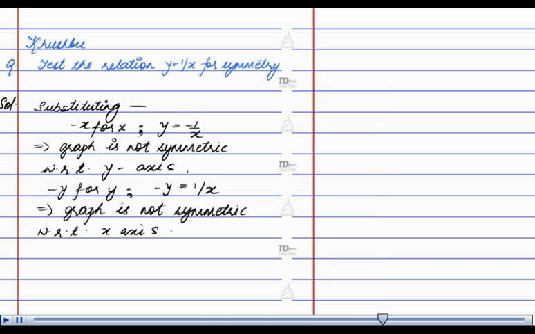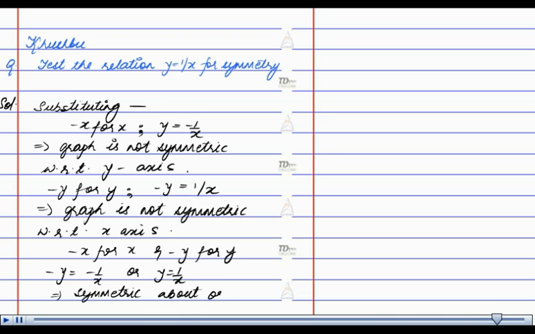Substituting -x for x and -y for y, we get -y = -1/x or y = 1/x. So, the graph is symmetric about origin. This is the required solution. Thank you.